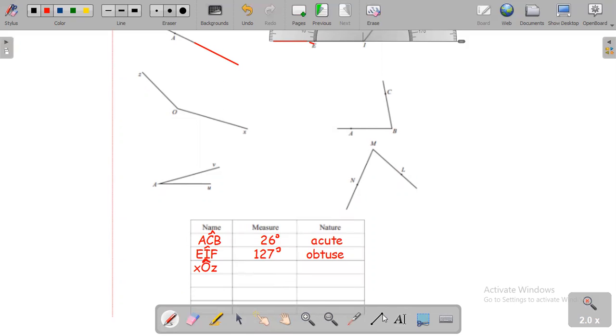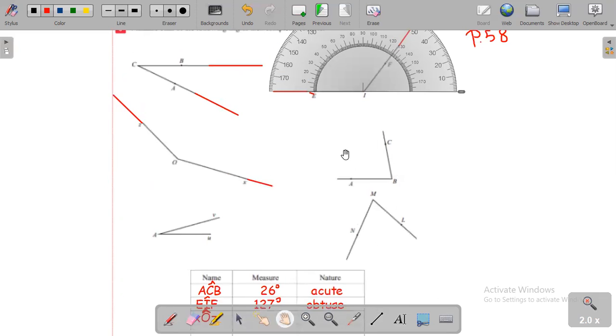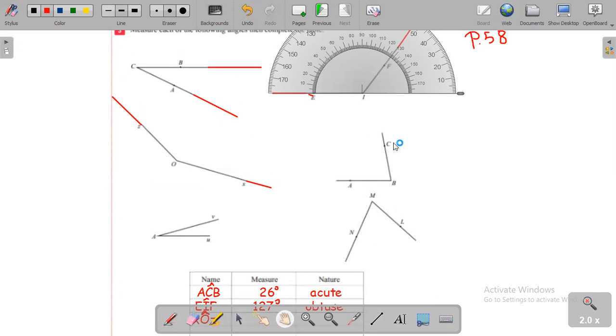Now let's find the measure. To find the measure, we have to elongate the arms. Now we take the protractor and we put it on one arm.